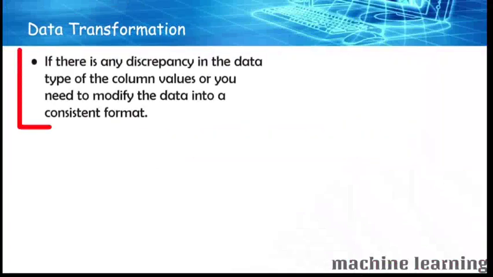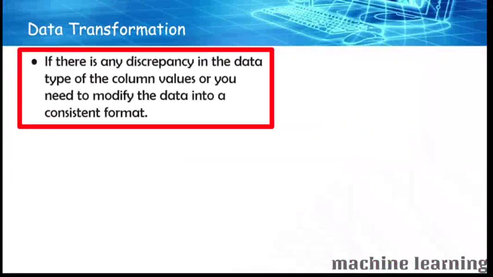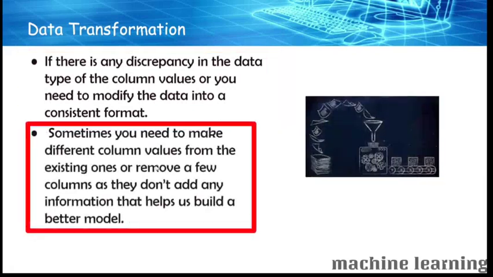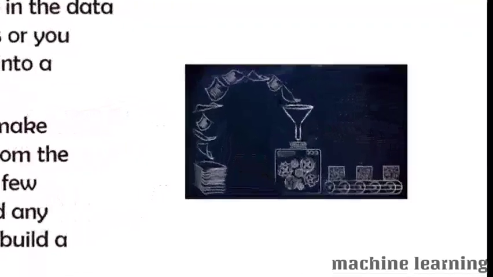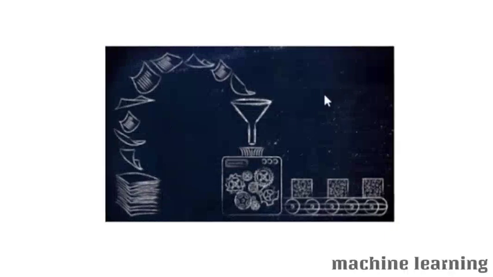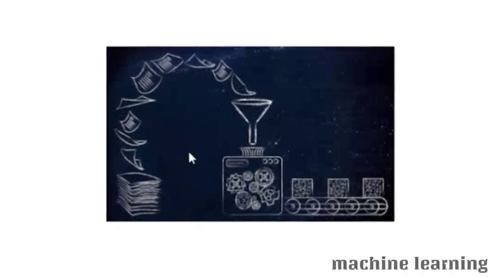Basically, if there is any discrepancy in the data type of the column values, or you need to modify the data into a consistent format. Sometimes you need to make different column values from the existing ones, or remove a few columns as they don't add any information that builds up a model. I was referring to image processing a couple of videos ago. Even if you consider this image, you can see there is a lot of blank space, which doesn't give much significance to your information.